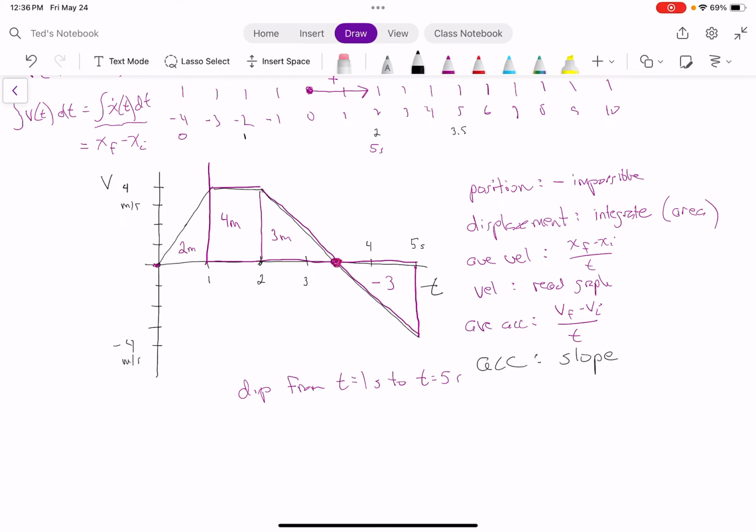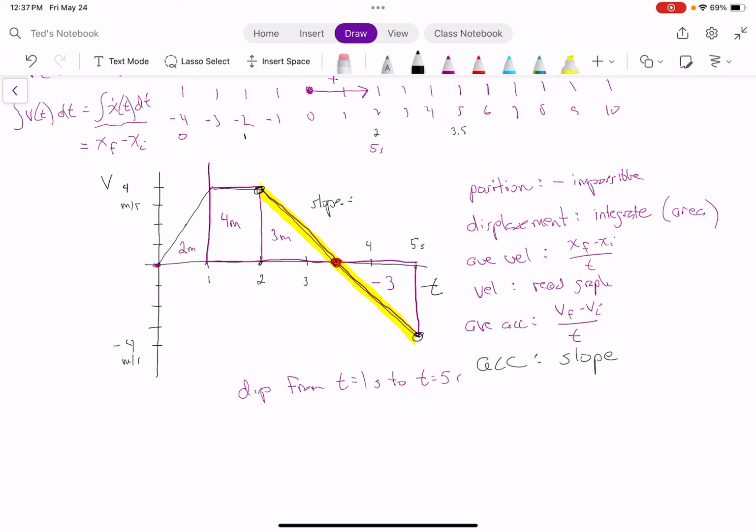So in this case, I need to find the straight line that this point is on, and I need to find 2 points on that line to find the slope. So let's look at this point and this point. We've got a final velocity of -4 and an initial velocity of +4. Slope is rise over run.